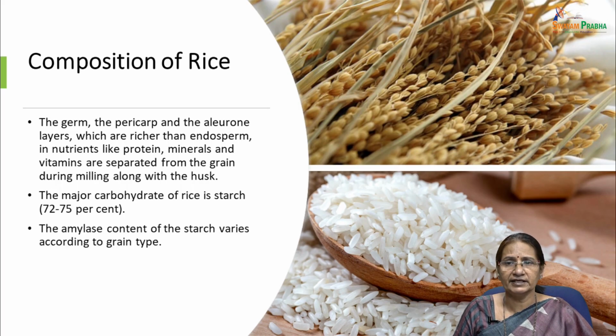The amylose content of the starch varies according to grain type. The longer grained and superior types contain up to 17.5% amylose, while some coarse types are completely devoid of it.